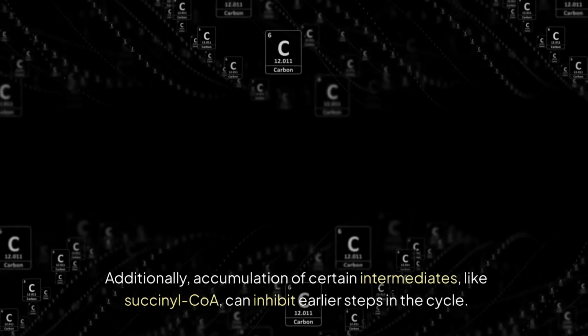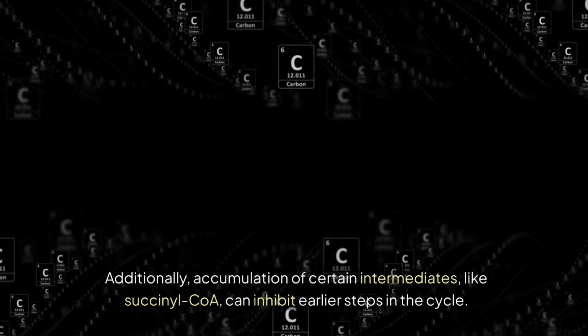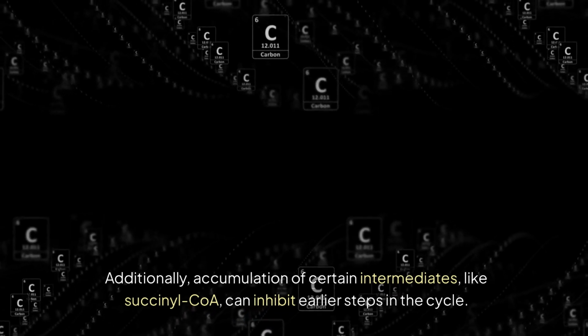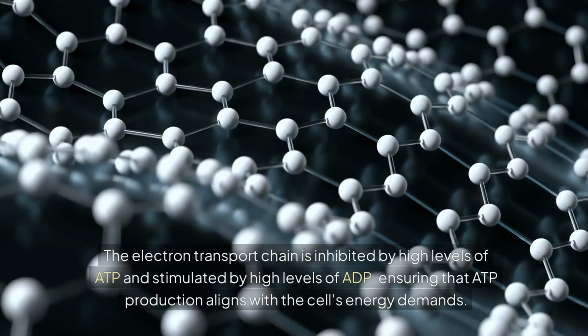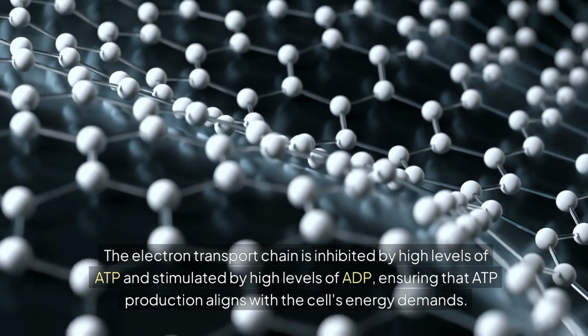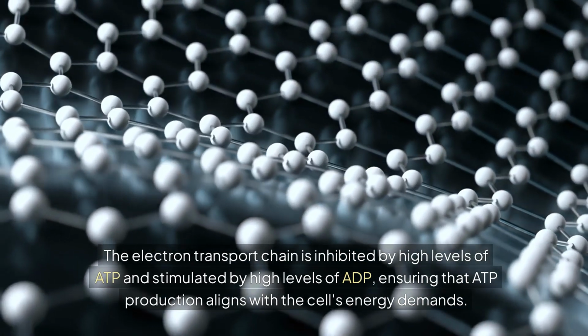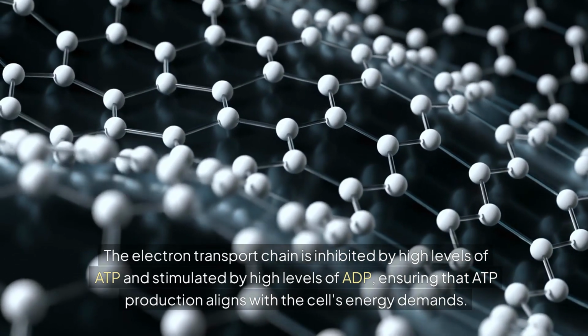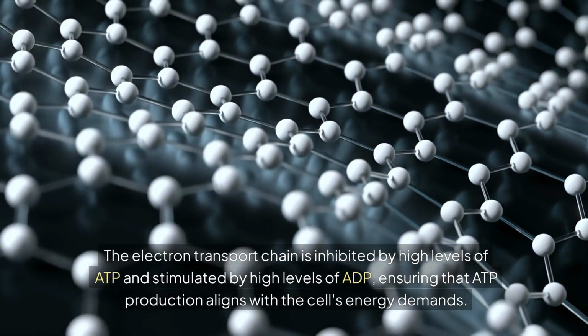A shortage of these carriers slows the Krebs cycle. Additionally, accumulation of certain intermediates like succinyl-CoA can inhibit earlier steps in the cycle. The electron transport chain is inhibited by high levels of ATP and stimulated by high levels of ADP, ensuring that ATP production aligns with the cell's energy demands.